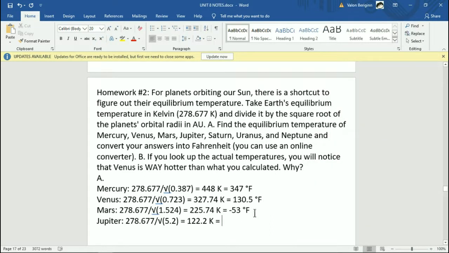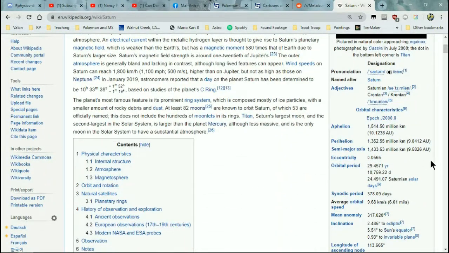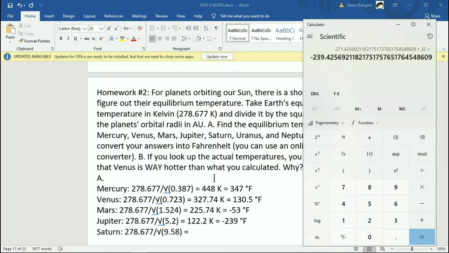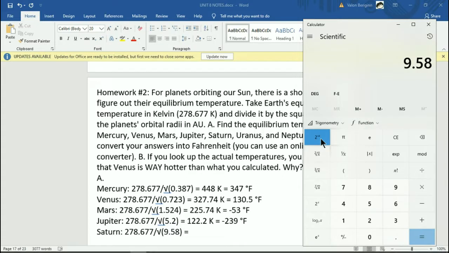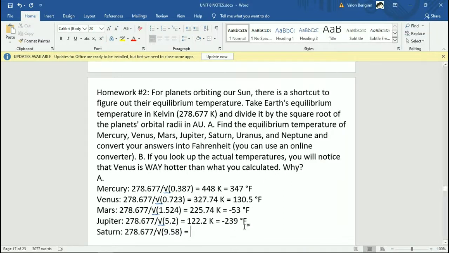Negative 239 Fahrenheit, so that jumped off pretty quickly. Saturn. 9.58 square root divided by 278.7. 90 Kelvin.